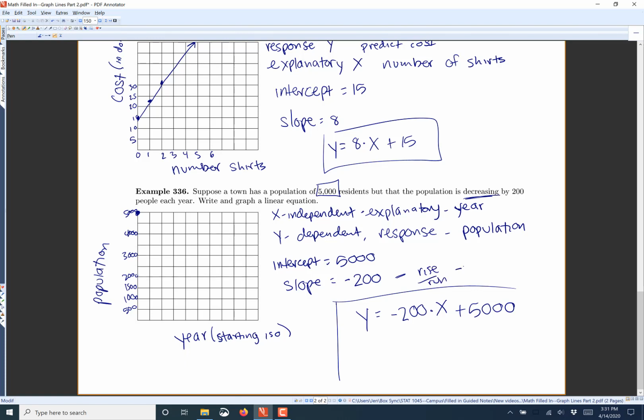So we're going to go down negative 200 and over 1 year. Oh, I didn't label my years. 0, 1, 2, 3, 4. So we'll go down 200, which should be probably about here, and over 1. Down 200, over 1, etc.